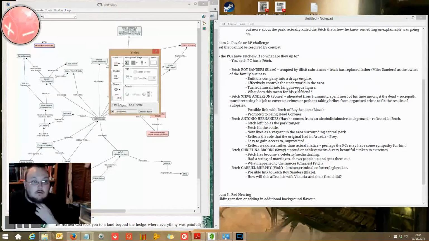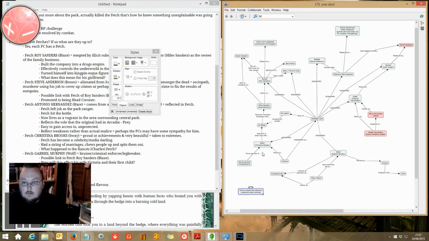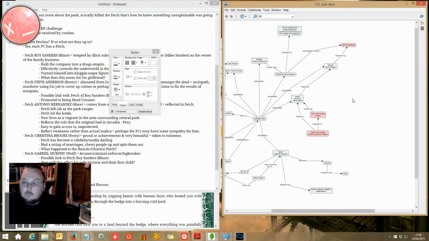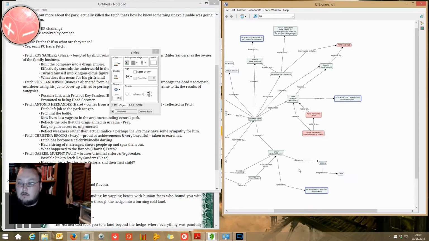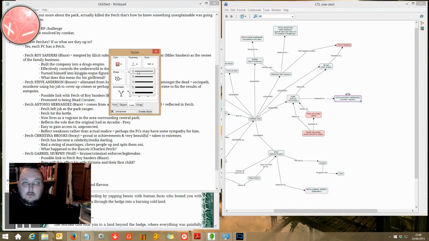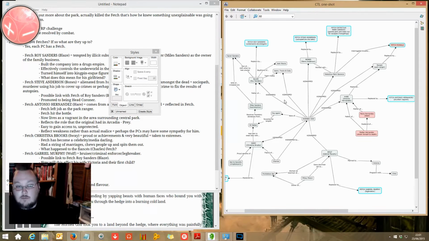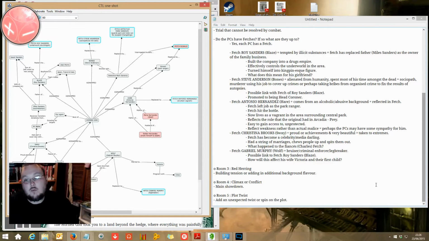So now you can see that the relationship diagram's starting to take place, and in a short while I'm going to add some more detail into each of those fetches, but I'll come to that when I start further defining the various NPCs.